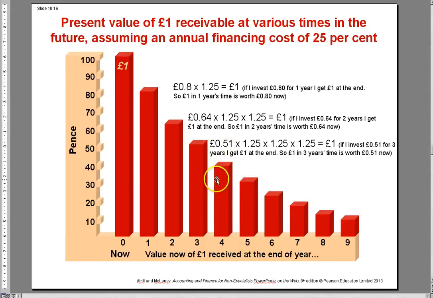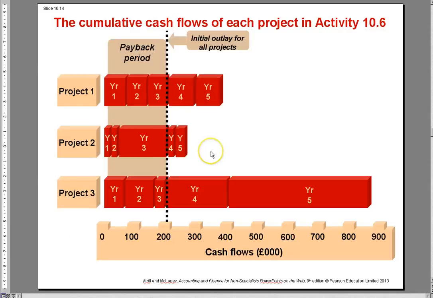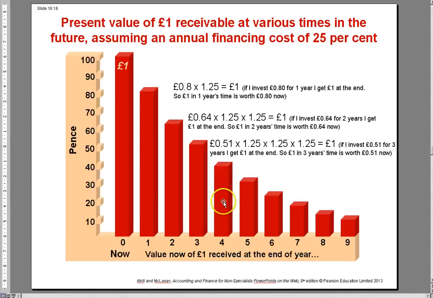Well, we've not got year 4s, we've got years 3, so let's do year 3. So let's go back. Year 3, that is about, I don't know, 150,000 for that project. So for year 3, we would multiply our 150,000 by 0.51 to get its value now.